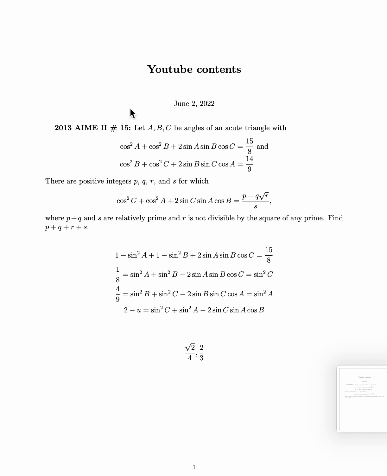Okay, so basically we already have the two sides and we only want to find the third. Right, okay.